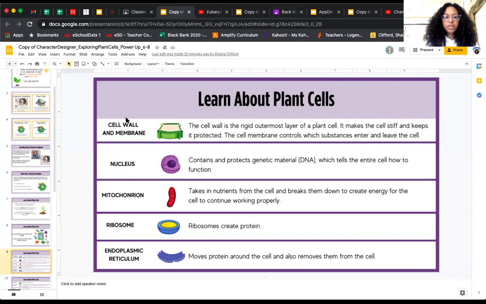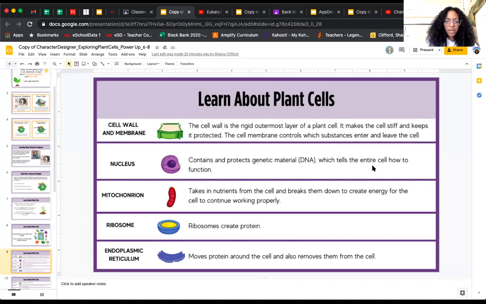So we learned about the cell wall and membrane, which is why it's rigid so plants stand up on their own. It keeps the cells stiff and helps protect them, and the cell membrane controls which substances can enter and leave the cell, which can help protect the insides. The nucleus contains and protects the genetic material, or the DNA.